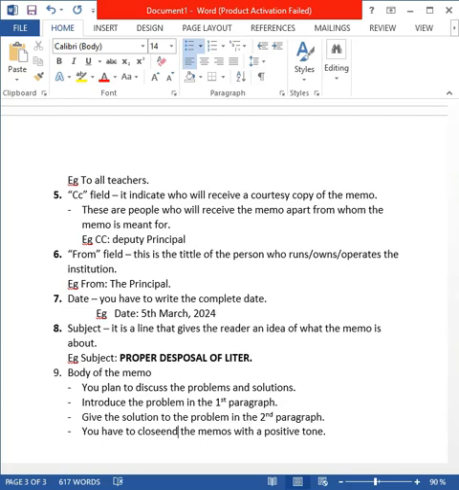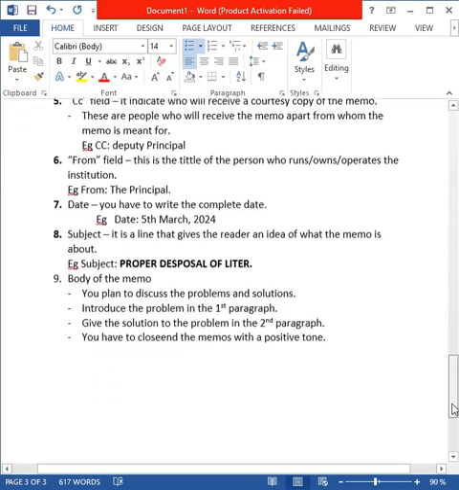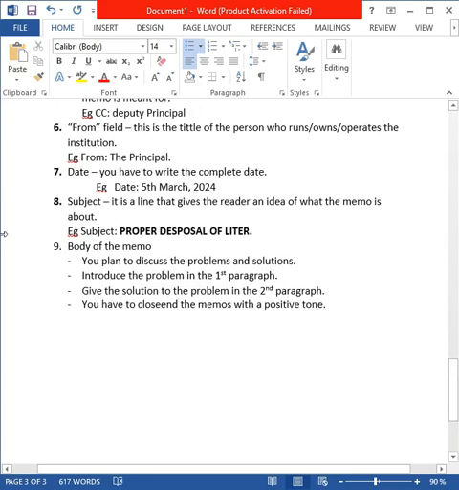You have to end the memo in a positive tone. So if it's positive, more people will come and read it. But if it's negative, very few will come because one, it's vulgar language, and some do not want to associate themselves with vulgar language.